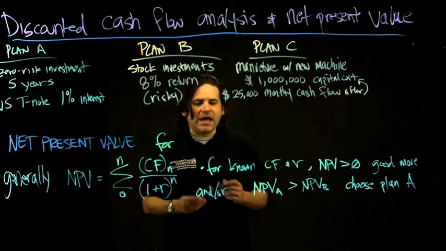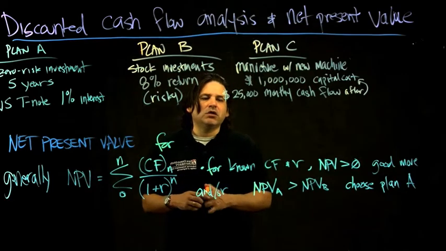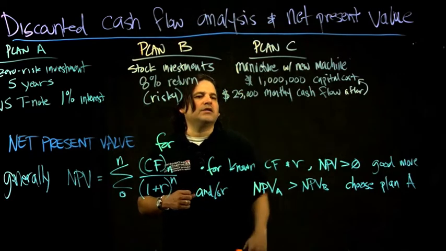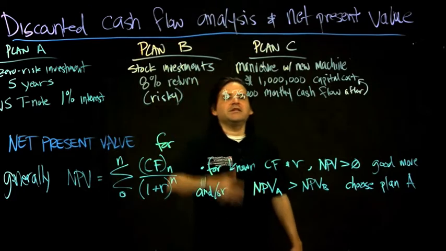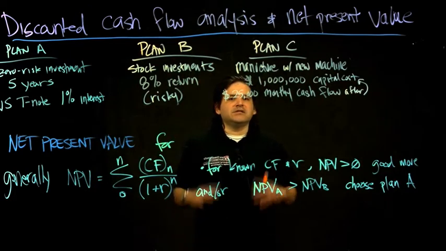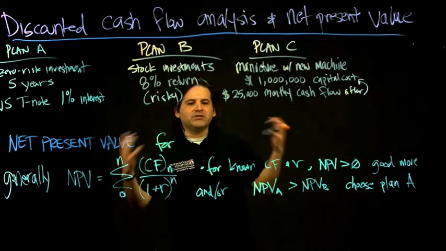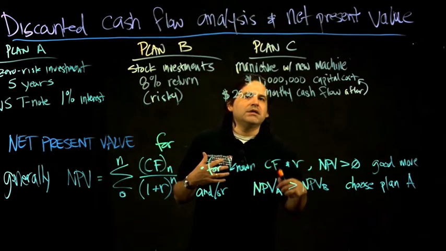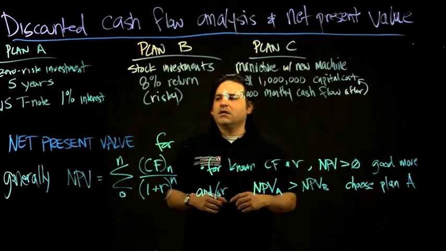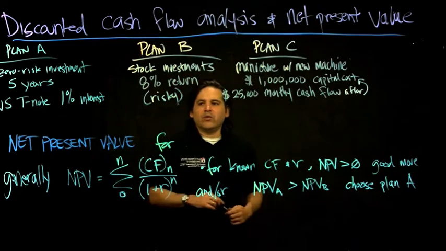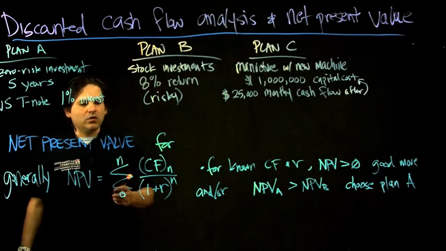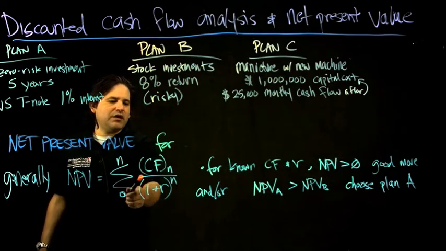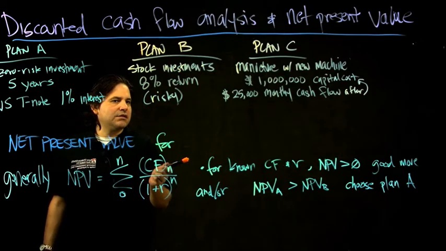And that is risky because you don't know how accurate this monthly cash flow will be. It depends on a bunch of factors, of course, but this is our basis for the analysis. These are the best numbers we have to play around with. And so the way that we're going to do this analysis is we're going to calculate the net present value of each of these options.